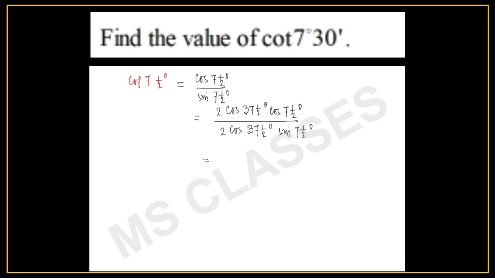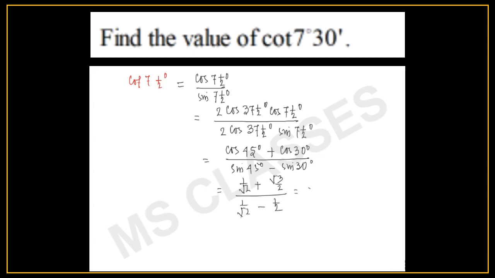Now this gives us cos(A plus B) plus cos(A minus B) whole divided by sin 45 minus sin 30. Take (1 by root 2 plus root 3 by 2) whole divided by (1 by root 2 minus 1 by 2).